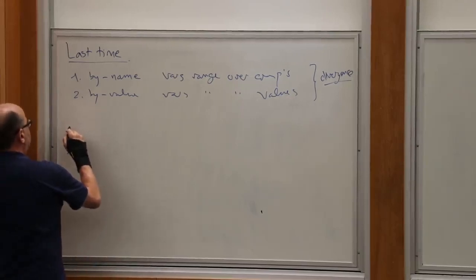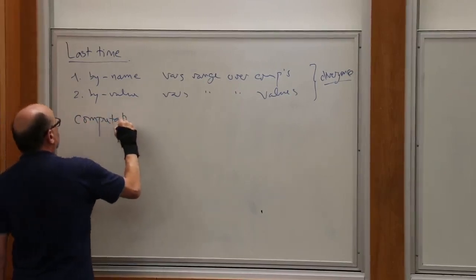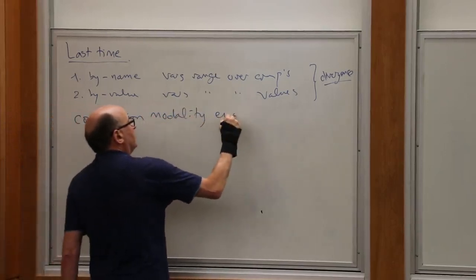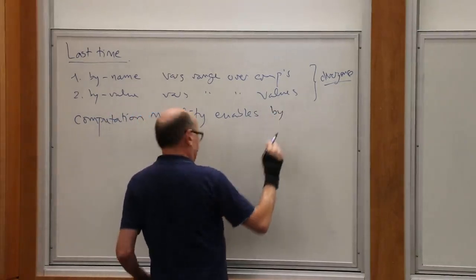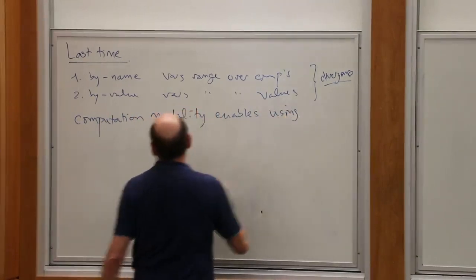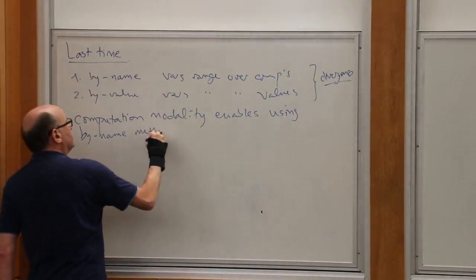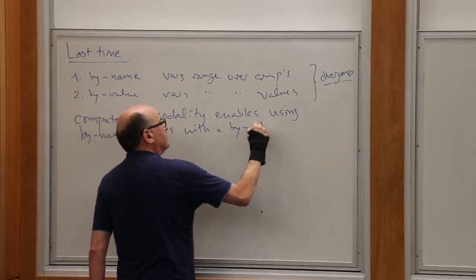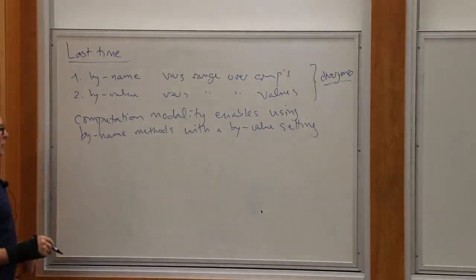The thing I was pointing out is that by using this computation modality, you can combine or use by name methods within a by value setting. Maybe that's the best way to say it. By name methods, sometimes they're useful within a by value setting. And the converse isn't possible because there's no control over the order of evaluation.